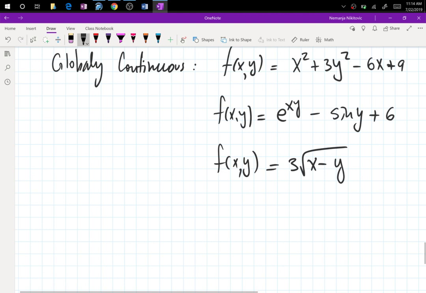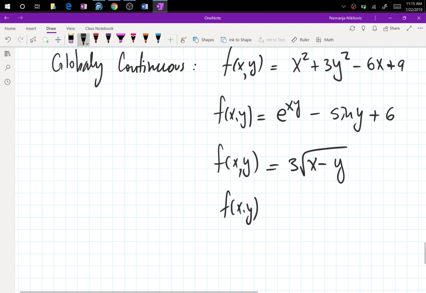So in this case, x minus y, that will give you a line y equals x. So anything above that line that produces positive values for the square root, and the line itself, will have global continuity.